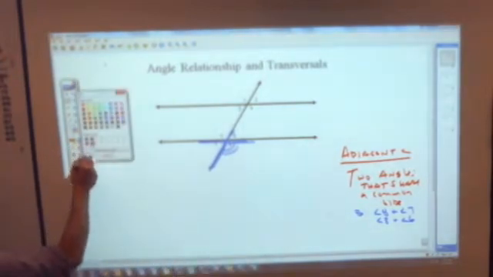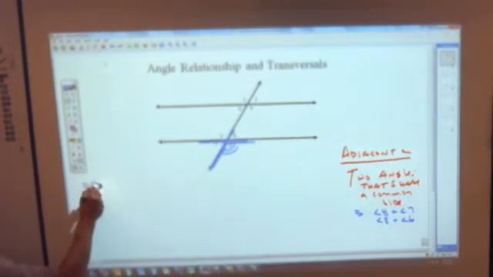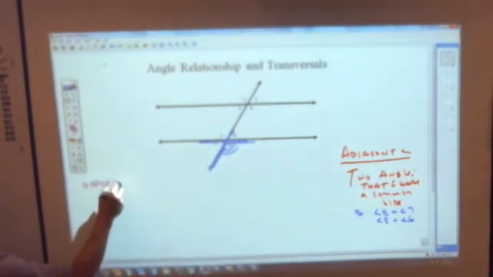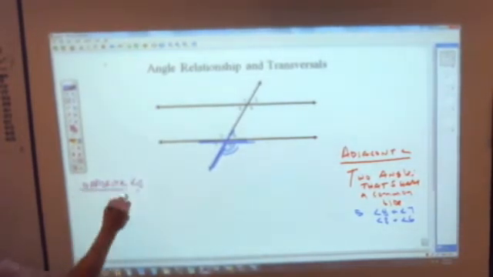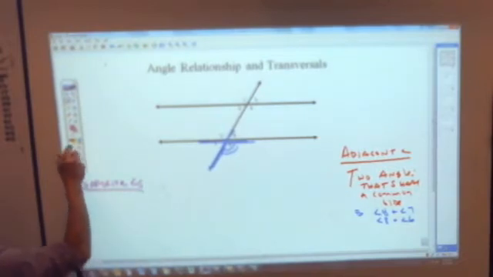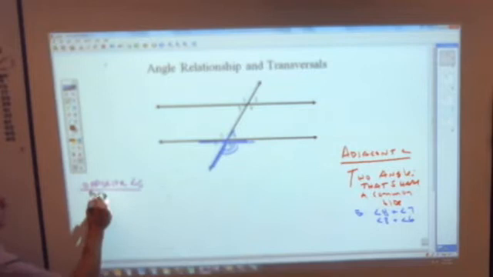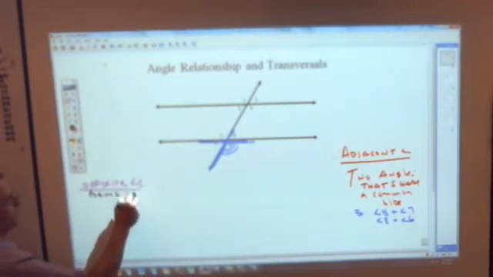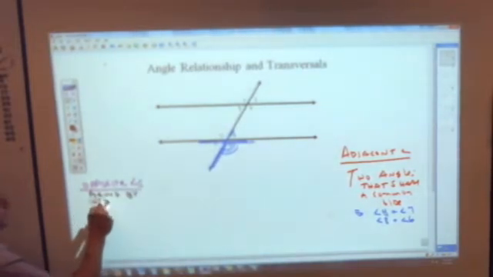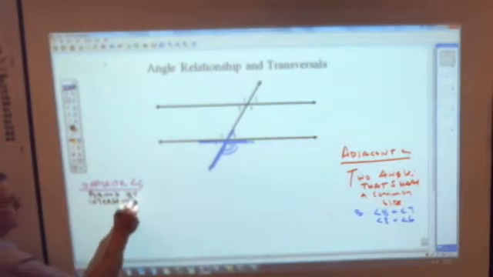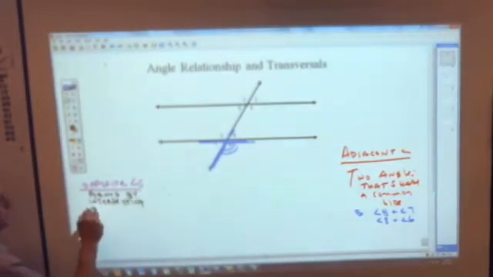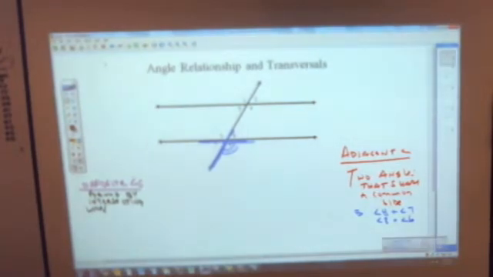We have what are called opposite angles. Opposite angles are angles formed by intersecting lines, and they do not share a side.